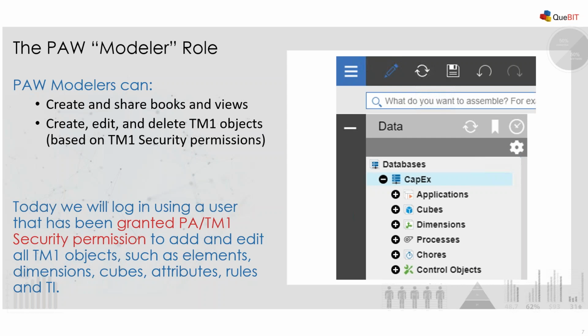So for today, we're going to assume that we have been granted the proper PA security permissions to do everything that we're going to do today, such as add, edit, and delete cubes, attributes, rules, and TI. But just know that if you are granted a modeler role in PAW, all of that security still resides behind the scenes in Planning Analytics TM1.